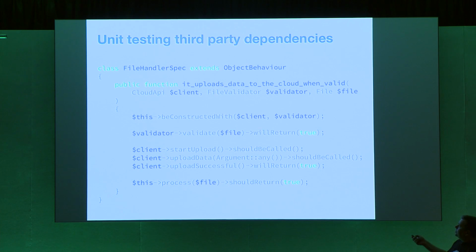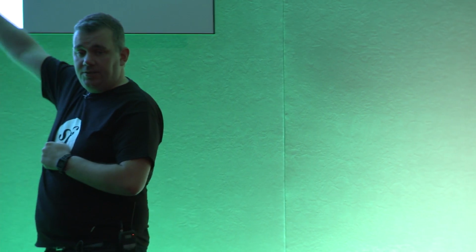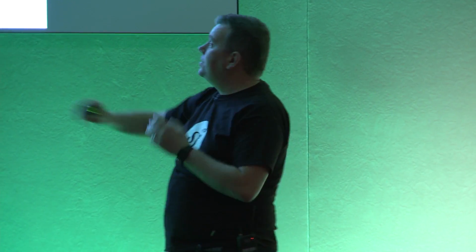And I'm saying if you construct my file handler, this is PHPSpec, by the way, with the client, and the validator is going to say yes when it's asked to validate something, these three methods on the client should be called. So this is describing how my object is going to talk to this third-party object, and it will return true.